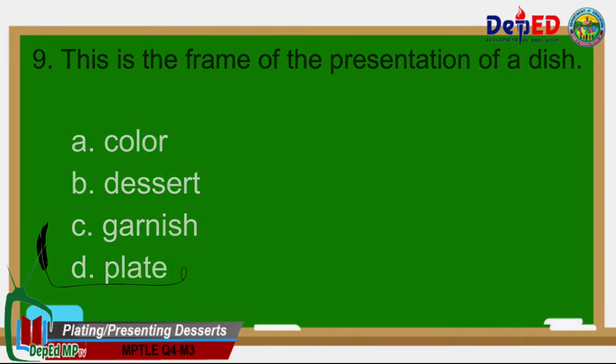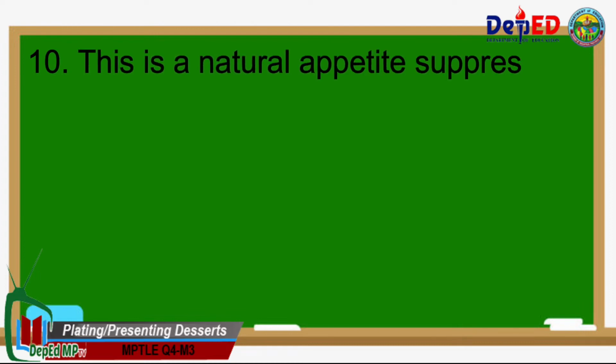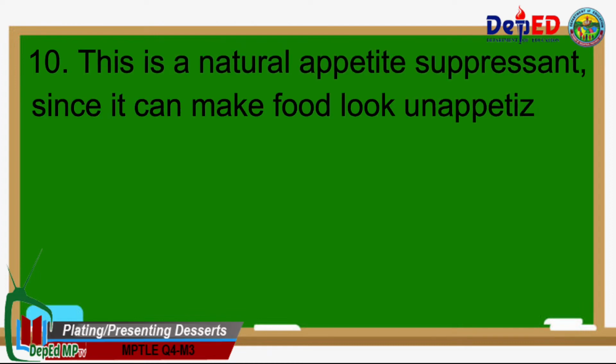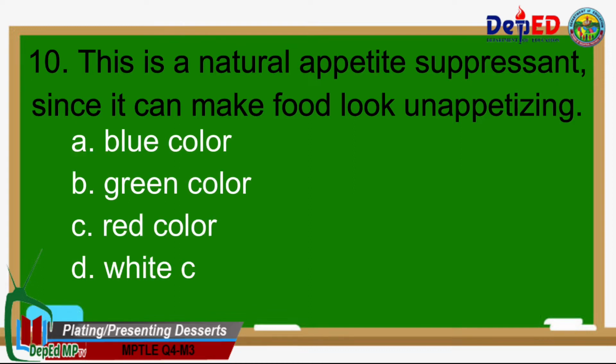Plate. Number 10. This is a natural appetite suppressant since it can make food look unappetizing. Letter A. Blue color. Letter B. Green color. Letter C. Red color. Letter D. White color. The correct answer is letter D. White color.